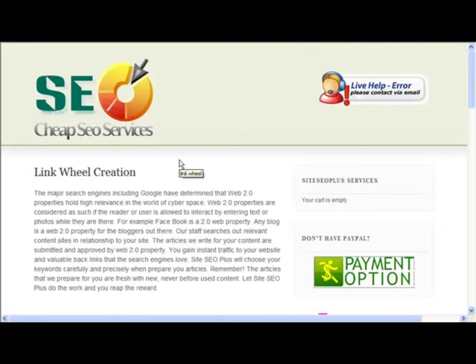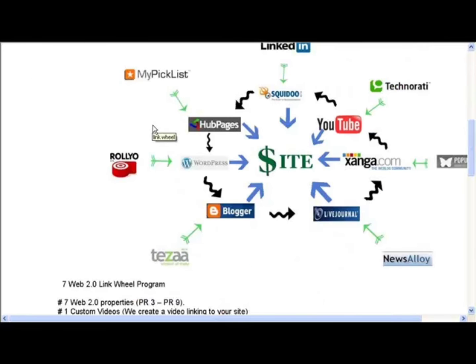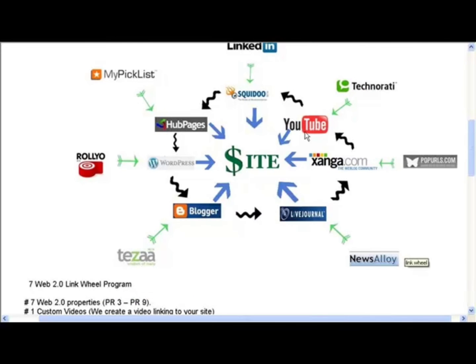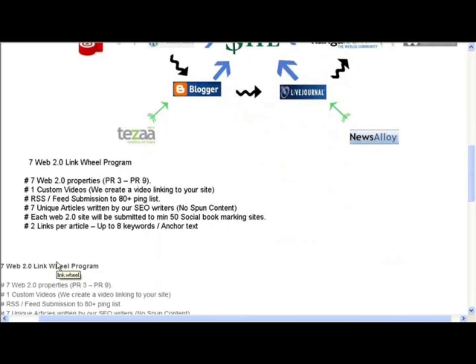I don't know how much I trust them, because let's face it, they've got an error up here. They don't have any pricing on it either, which instantly puts me off. However, one thing they do, which is rather nice of them, is here's some very nice ideas for sites that you can use. So there's a number of sites here you may want to use: Xanga, LiveJournal, NewsAlloy, and so on. So some good ideas here.